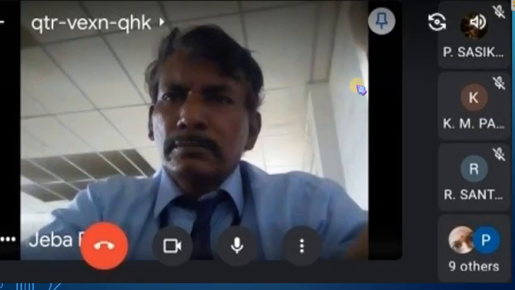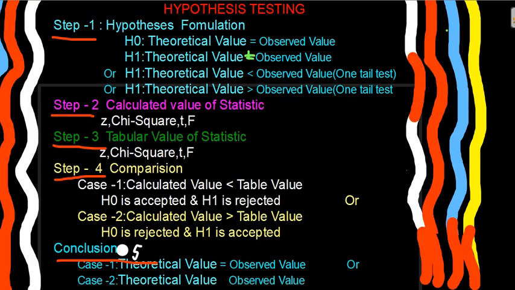So if the calculated value is less than the tabular value, we have to accept the null hypothesis. What is the null hypothesis? There is no significant difference between the theoretical value and the observed value. If the calculated value is greater than the tabular value, then the null hypothesis is rejected.